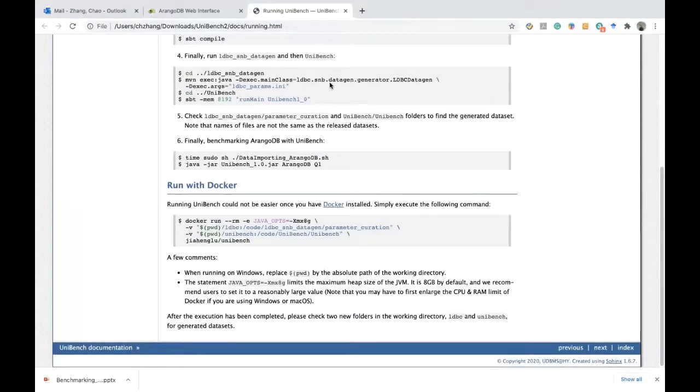And the data generation consists of 2 steps. The first step is to generate a social network. The second step is to generate a multimodel dataset.